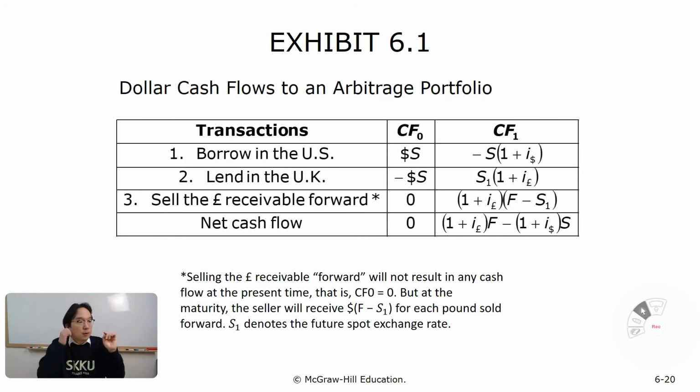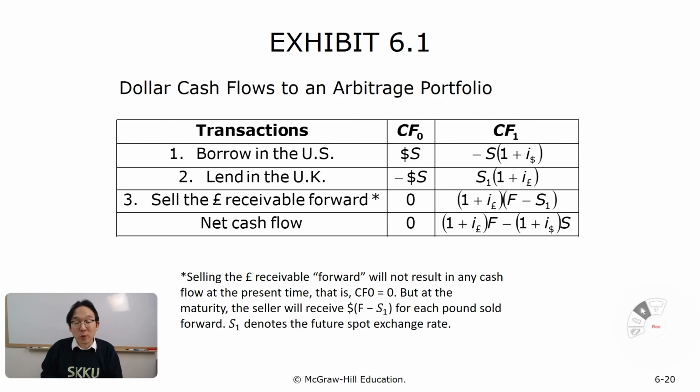And so here, the first one, the cash flow we are going to represent in US dollar terms, okay? We have spot rate and forward rate, and spot rate of today as well as spot rate of 1 year from now, S1, right? Now, what do we do? Well, the first transaction is borrowing in US dollars, right?